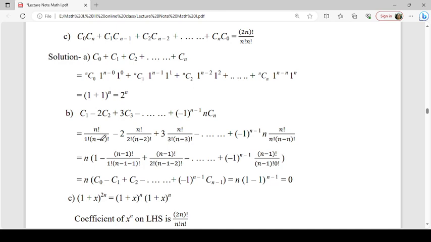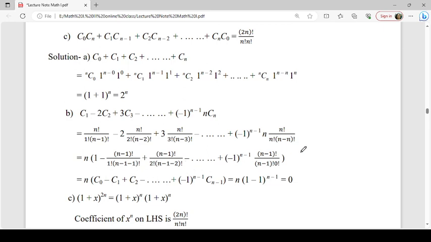This is n into (n minus 1) factorial, so (n minus 1) factorial will cancel. So it is 1. Then after taking n common, (n minus 1) factorial is here, then 1 factorial, 2 goes, it is 1 factorial, then n minus 1. See this n minus 2, we can write as n minus 1 minus 1. Again 3 goes, 2 factorial remains, n is taken outside. So it is (n minus 1) factorial, and this is (n minus 1 minus 2) factorial.